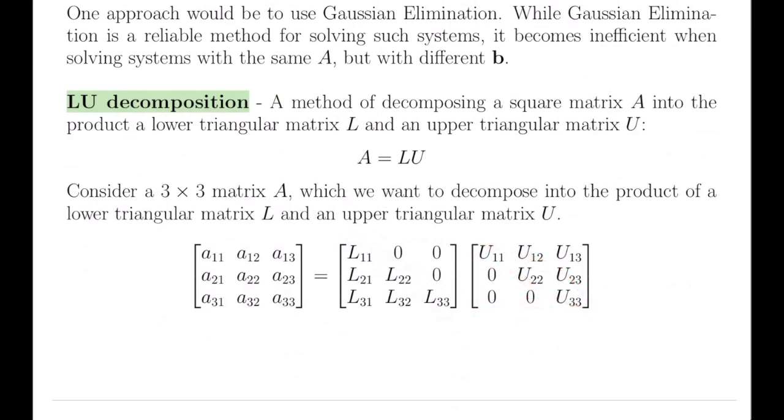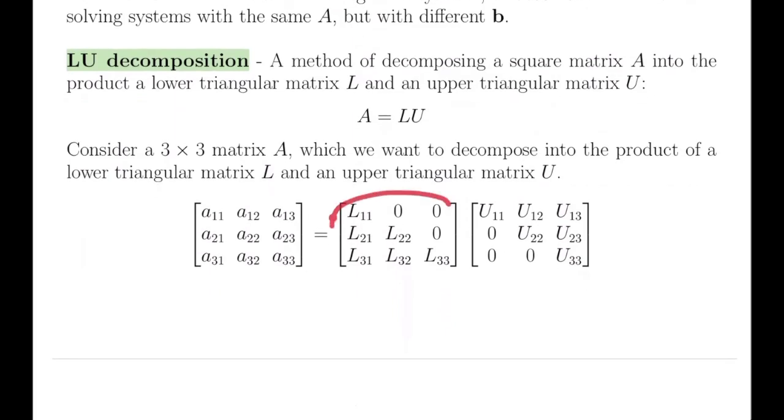Let's consider a 3 by 3 matrix A, and we want to decompose this into L times U. So we're trying to figure out what the entries of L and U are. Does anyone have any ideas how we're going to figure out what these 12 entries are?